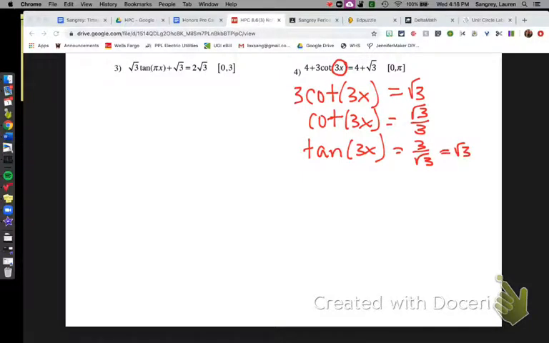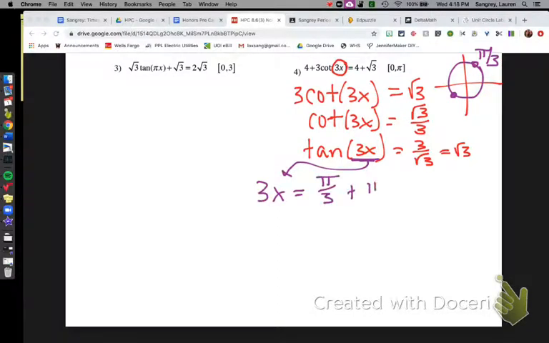So we need to be thinking, where is tangent equal to root 3 on the unit circle? And it is 2 values, but they are directly across from each other. So we're just going to worry about that pi over 3. And we're going to take the argument, 3x, and it will equal pi over 3 plus pi k.